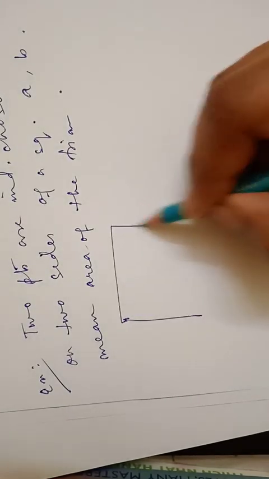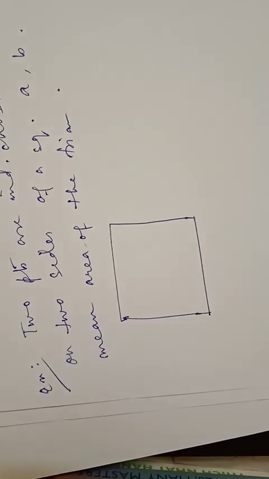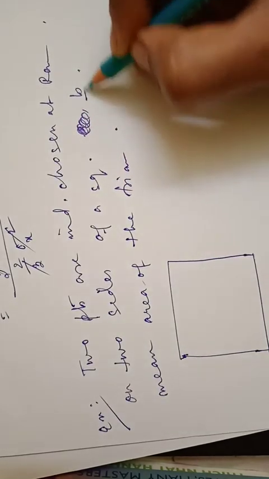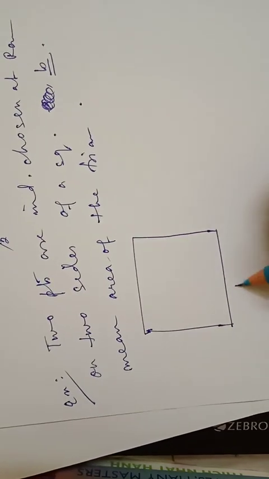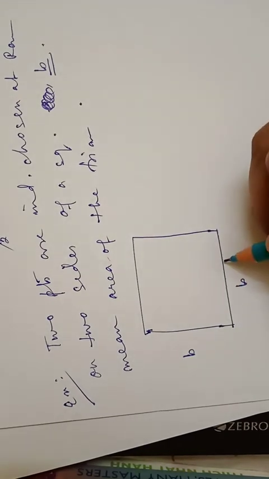So let's draw a square. Okay, the length of the side being B, not A, only B. That means it's a square, so it must be same for both the sides, B and B. Now 2 points are chosen at random.